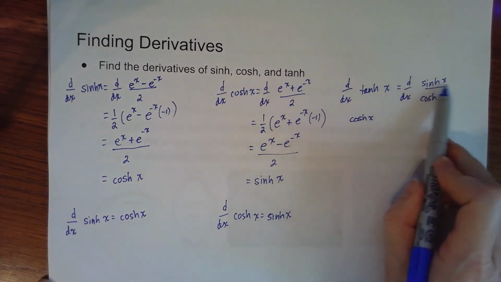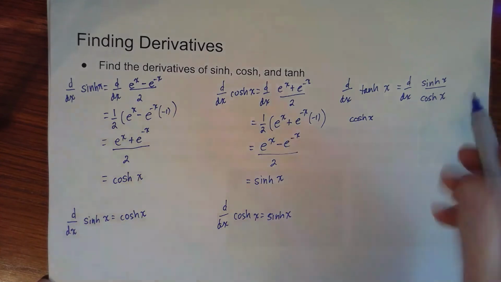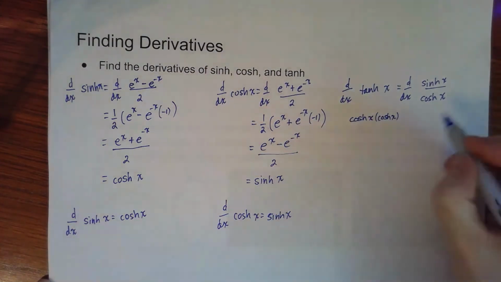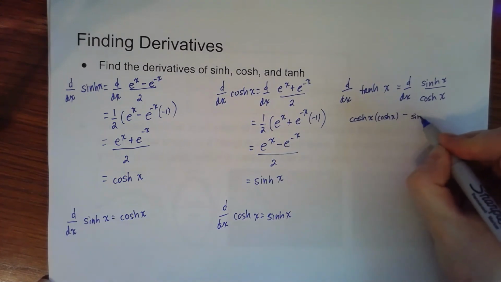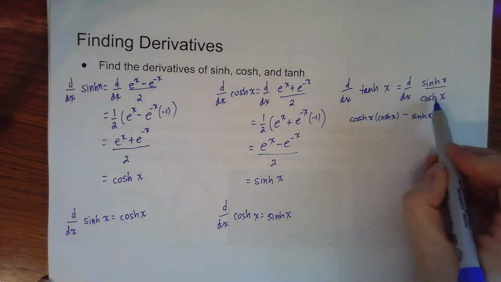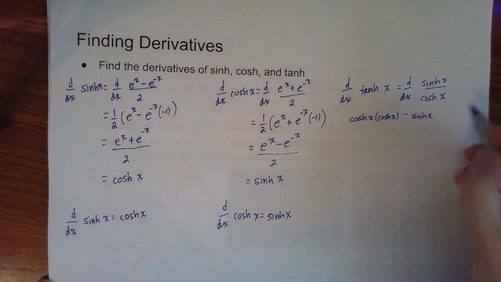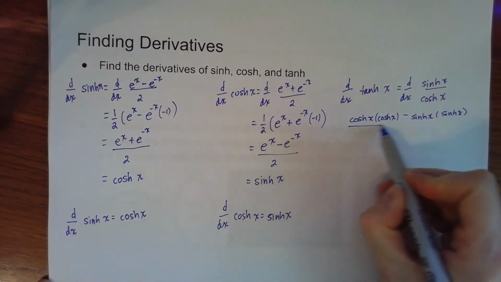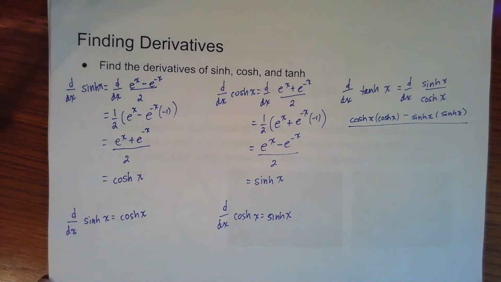Well, the derivative of hyperbolic sine, remember, is hyperbolic cosine. Okay, minus the numerator times the derivative of the denominator. The derivative of the denominator is just going to be hyperbolic sine, all over the denominator squared.